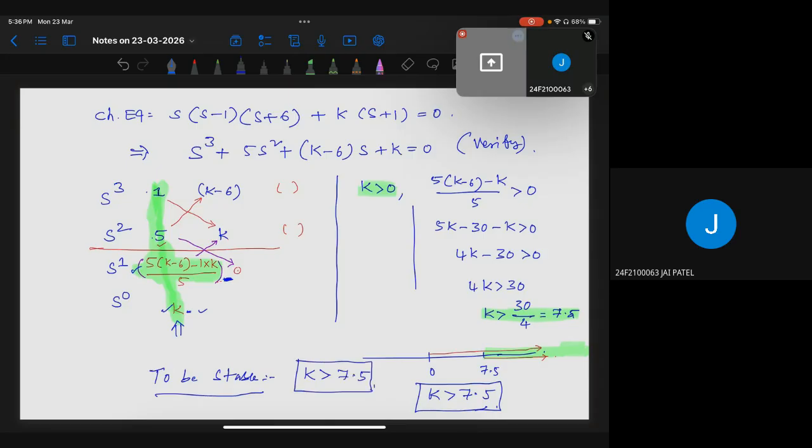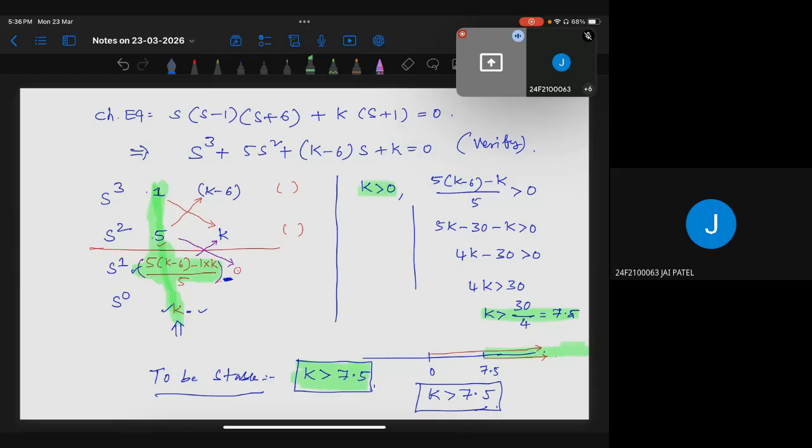Okay. Any query in this example? So this is the example of using the RH criteria for tuning the controller.